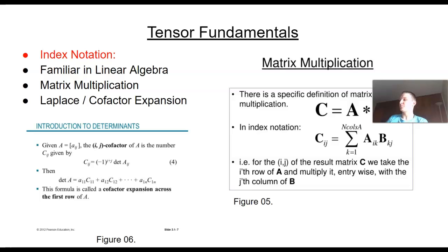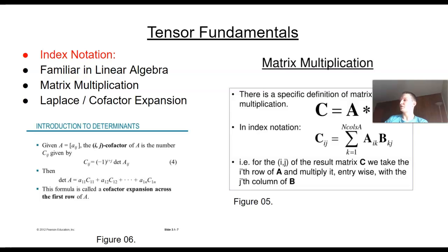Index notation has been used before in linear algebra and is not usually recognized when doing determinants. When doing determinants, the cofactor expansion C lower index ij equals -1 to the i plus j multiplied by the determinant of A lower index ij is commonly used.